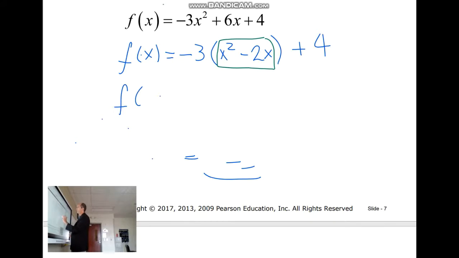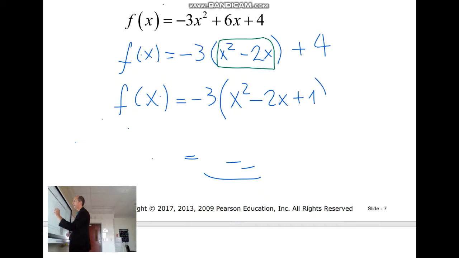Let's complete the square right here. f of x equals negative 3 times x squared minus 2x plus b squared, which is 1 squared, 1. We have to rebalance the equation, because now we have this negative 3 in front of the parentheses.